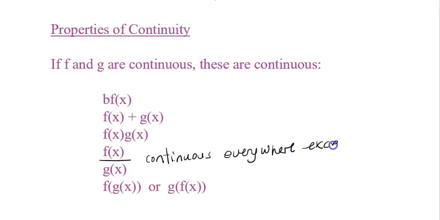So everywhere except where g of x equals 0, because you still can't have the denominator be 0, it's a fraction. Okay, so adding or subtracting, multiplying, dividing is okay unless you have a 0 on the bottom. And then f of g of x or g of f of x, that's a composition. So compositions would also be continuous.